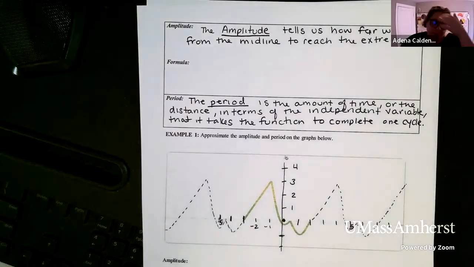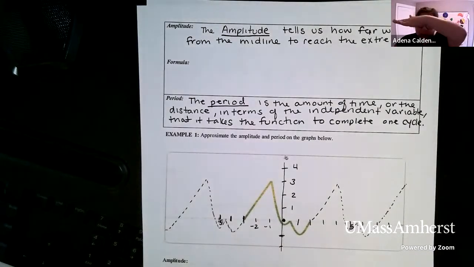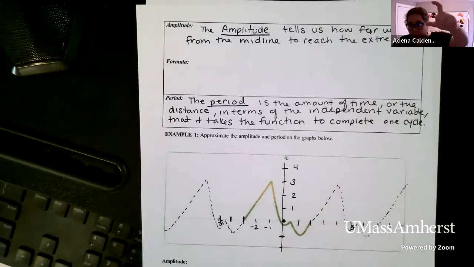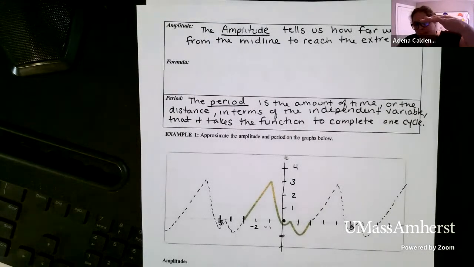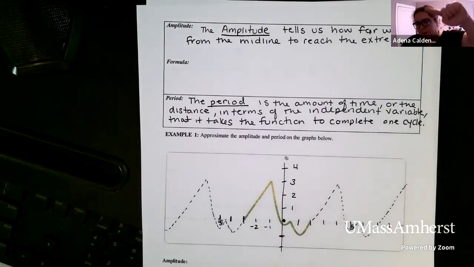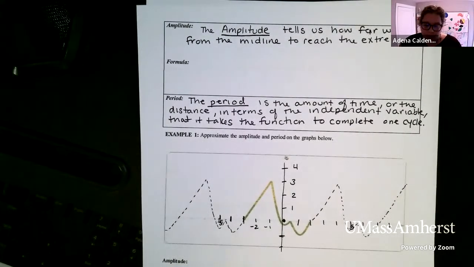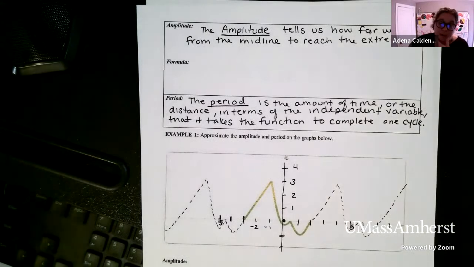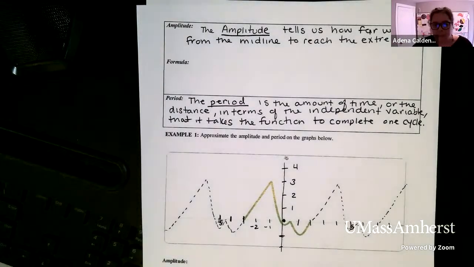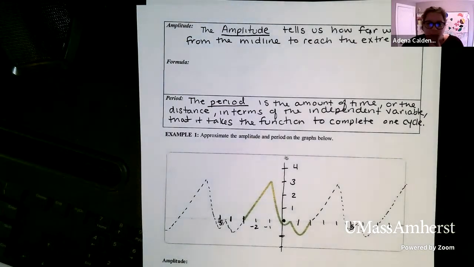So what does that mean? If we were to draw a line that cut it in half, vertically, the amplitude would say, how far do I have to go either up or down to reach a maximum or minimum? Okay, and this is helpful for us because finding extrema, maximums and minimums, is something that's really valuable in a lot of ways. So how do we do this?